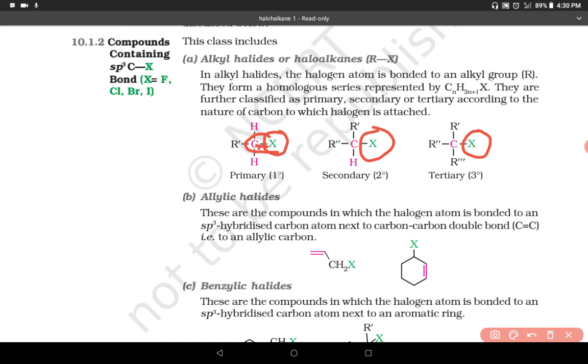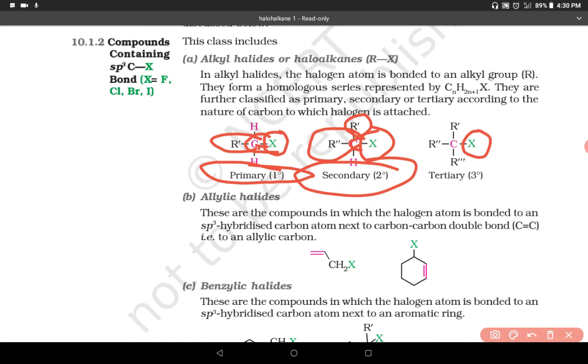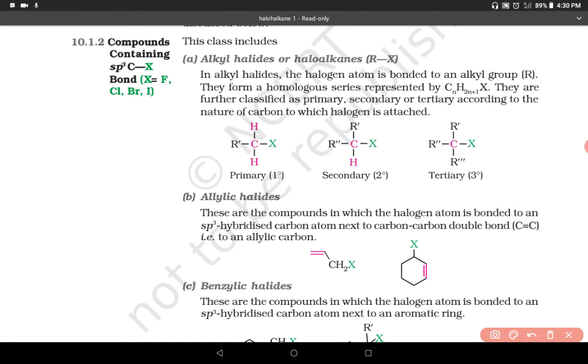If this carbon is attached to only one carbon, it is called primary or 1 degree haloalkane. If two carbons are attached to this carbon, it is called secondary or 2 degree. If this carbon is attached to 3 carbon atoms, it is called tertiary. Are you clear with this?